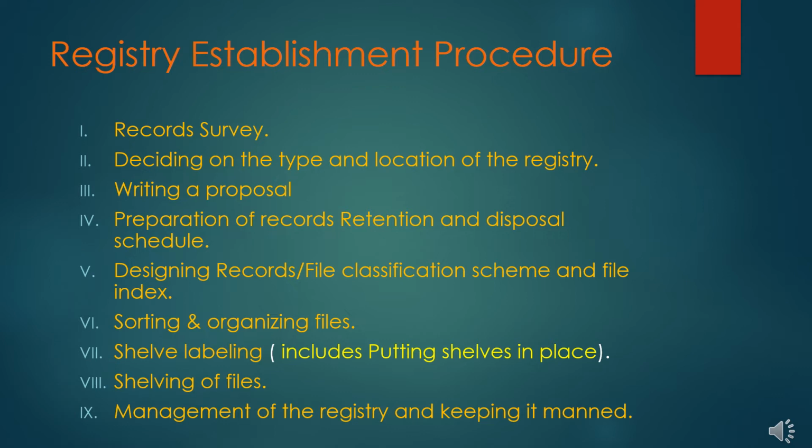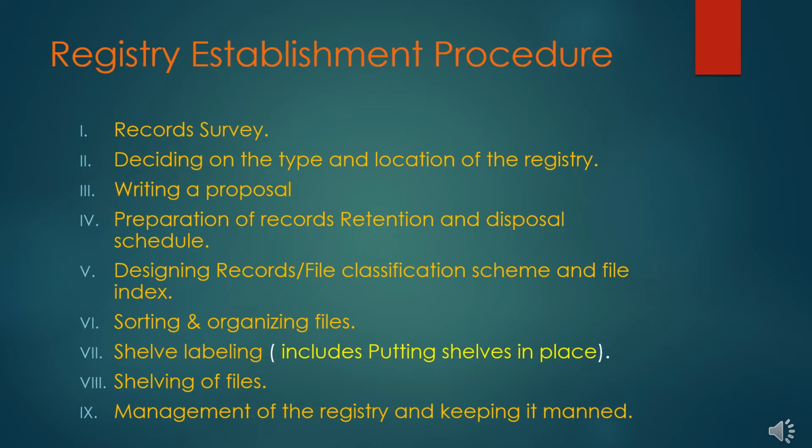The first stage we are going to look at is a records survey, and specifically a records survey is going to help you locate and identify the records held by an organization. Actually, this stage is very important because it is going to give you an image of what you're supposed to do. It's going to help you understand better the type of registry that you are going to establish.